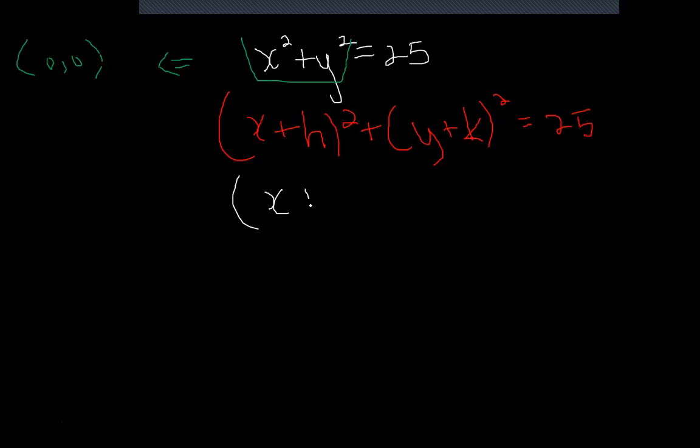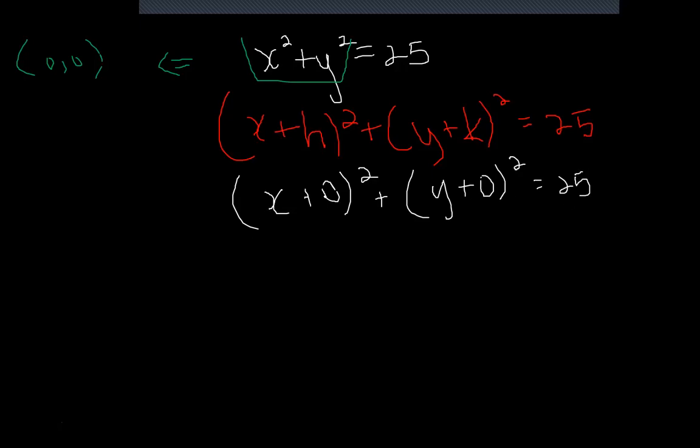Okay, let's just put plus 0. x plus 0 squared plus y plus 0 squared is equal to 25.